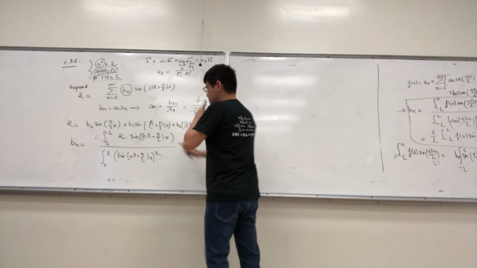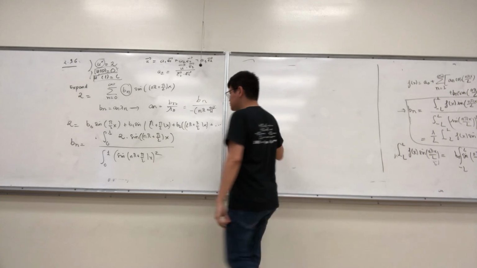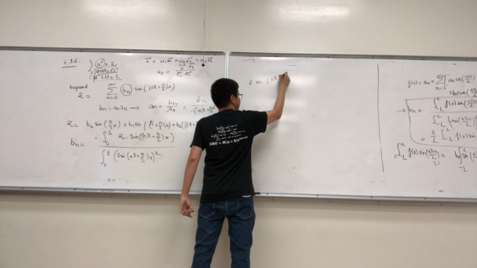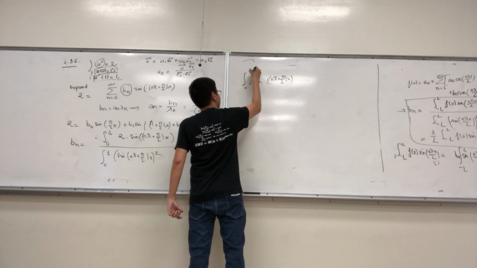Right, so I have 2, which is equal to this series. Now I multiply 2 with sinus of n pi plus pi over 2x, and I integrate from 0 to 1.